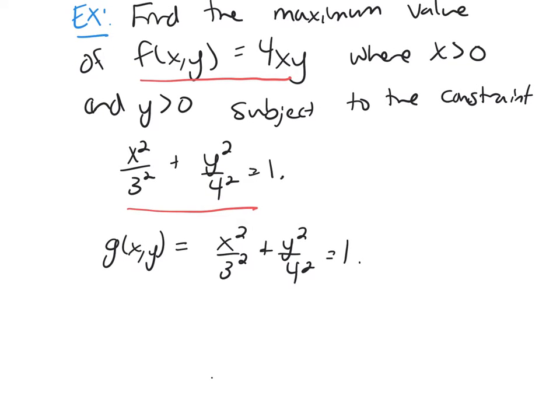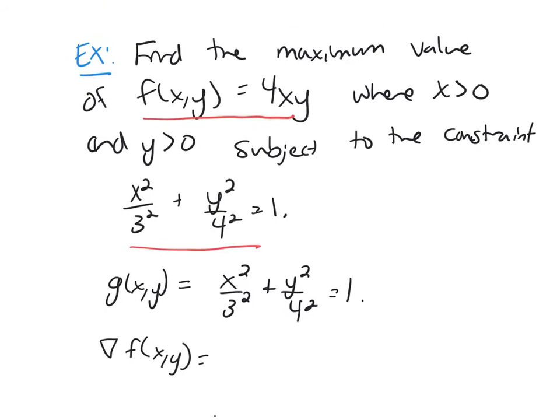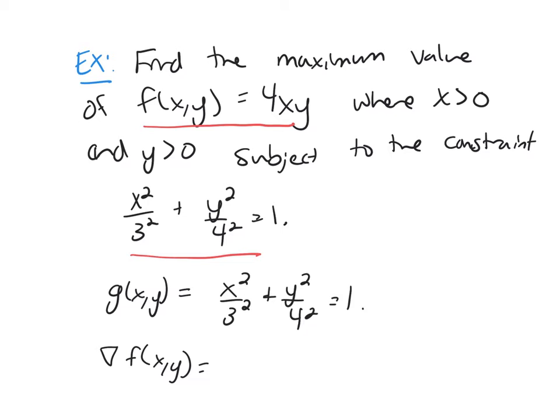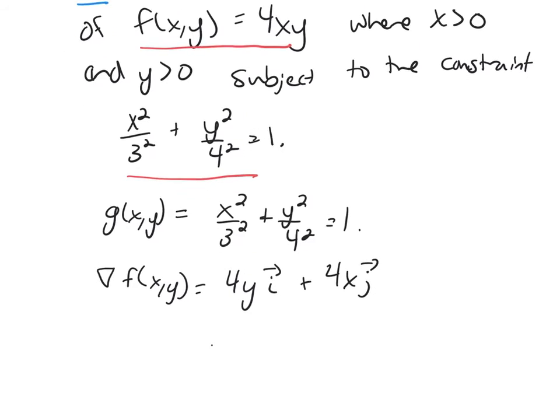So what's the gradient of f going to be? Take the derivative with respect to x, you'll get 4y, and the derivative with respect to y, which will be 4x j.